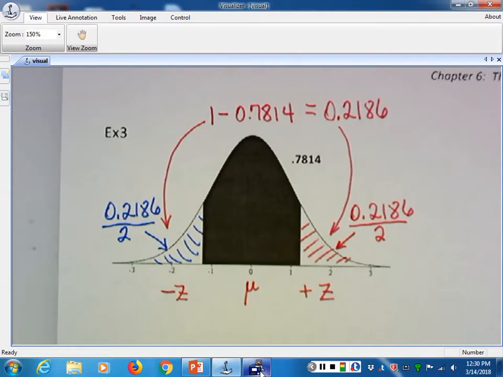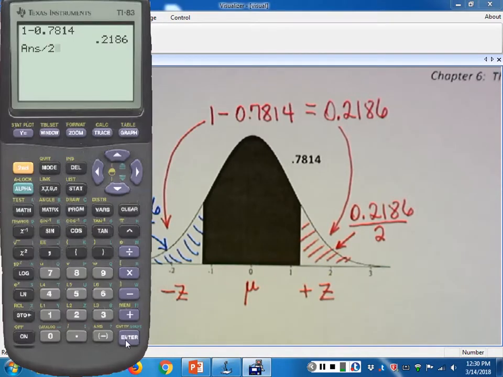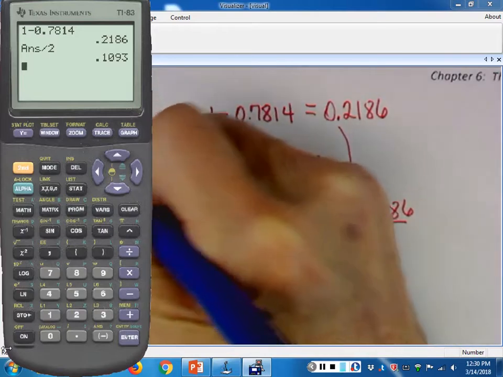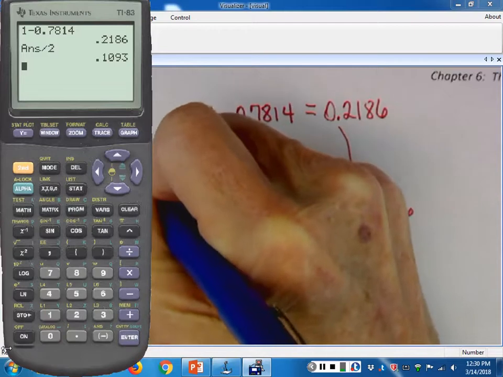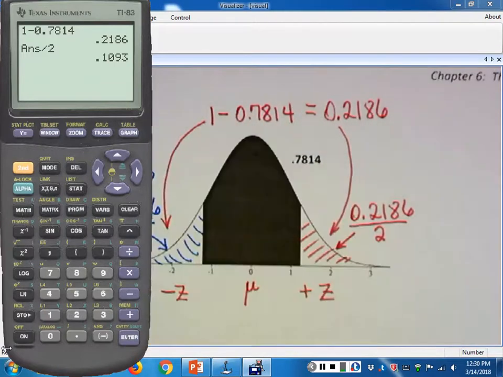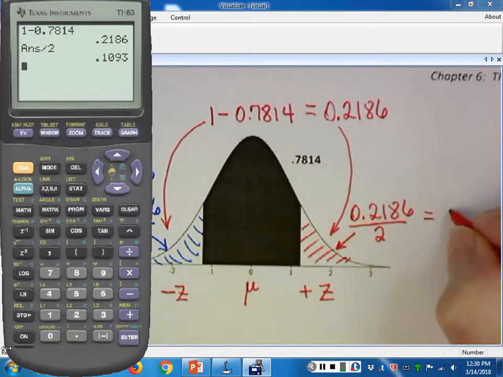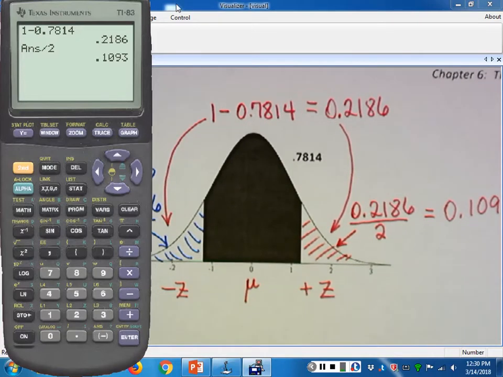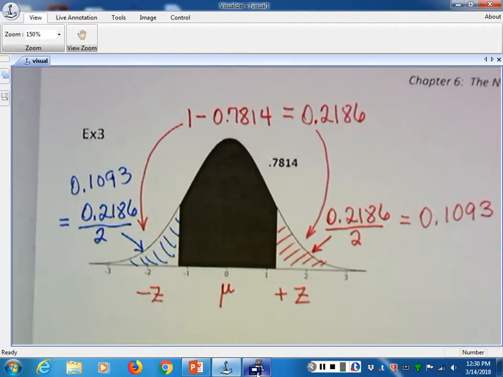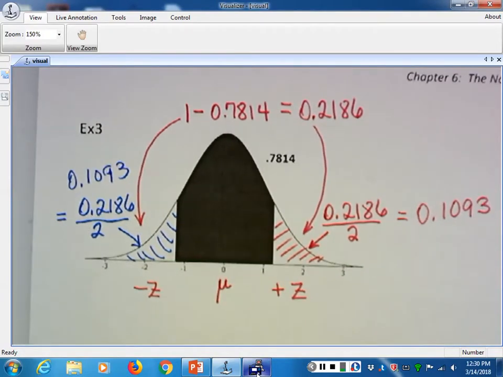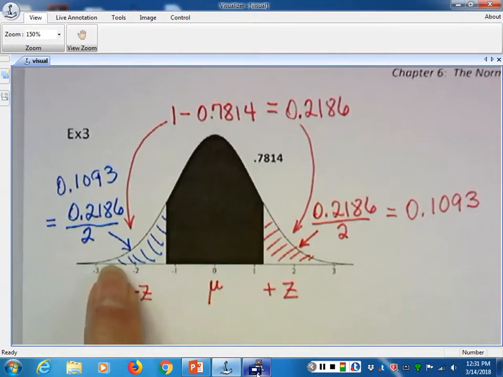Now, half of 0.2186 is 0.1093. So the area up here is always going to be the same as the area down here.